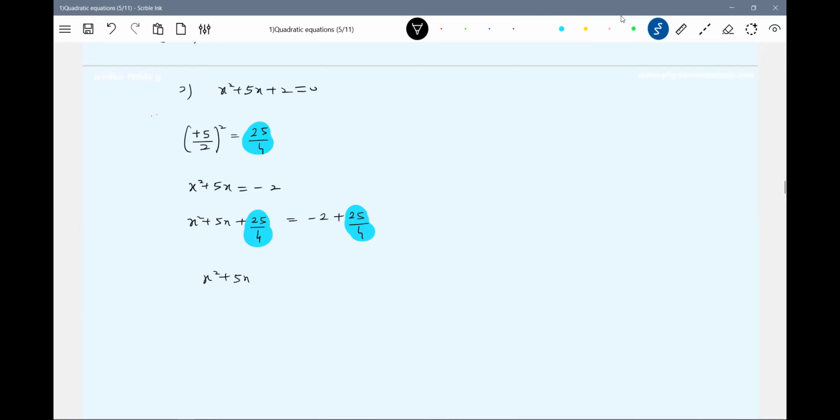So this will become x square plus 5x plus 25 by 4. This will be minus 2 plus 25 by 4, which is 17 by 4. Further, it can be simplified: 25 minus 8, 17 by 4.